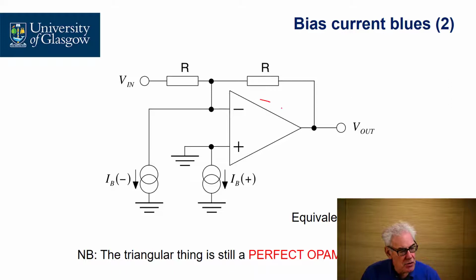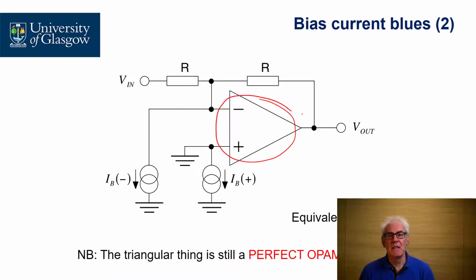And you should note that in this schematic, the triangle is still a perfect op-amp. We have modelled imperfect op-amps by applying the two bias current sources external to the perfect op-amp. So we have developed an equivalent circuit to represent and model the real situation.